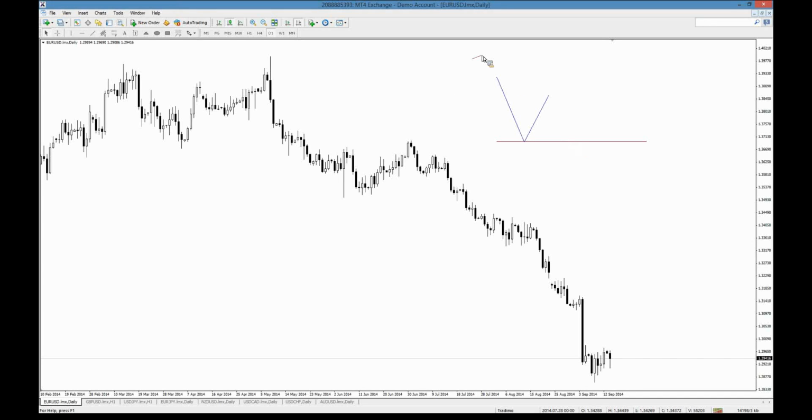Okay, so if we have price do this, I'm just going to redraw this. Price moved down to the same area. Then buyers are going to look to come in at this area here, and they're going to look to push price up.